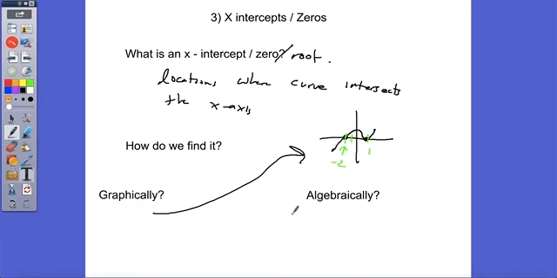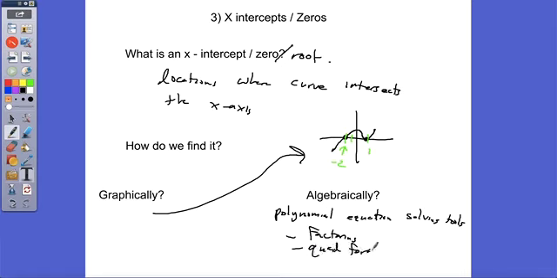Algebraically, we have to use our polynomial equation solving tools. The main ones we're going to be using are factoring and the quadratic formula.